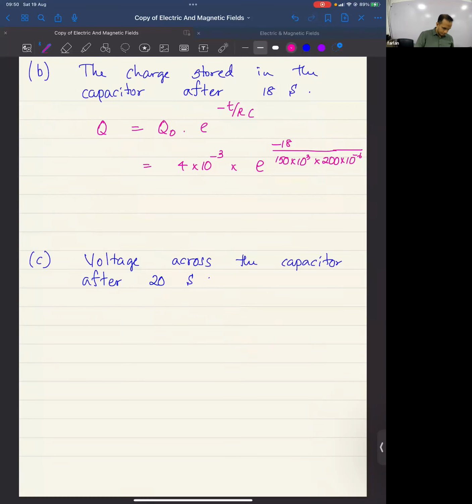That will be 2.20 into 10 to the power minus 3 coulombs. Sorry, this is the charge stored after 18 seconds.